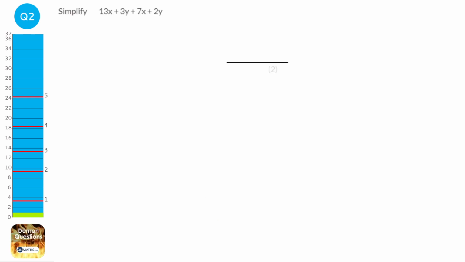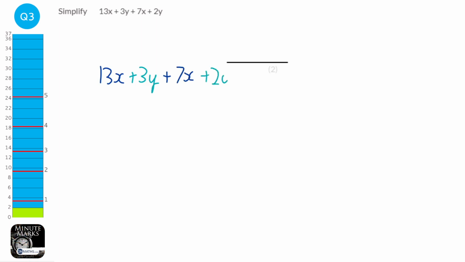where point B is. When collecting terms, you've got to collect like terms. So we've got 13x, we've got a 3y. Now they're not like terms, but the 13x is a like term to the 7x, they're both x's, and the 3y is a like term to the 2y.